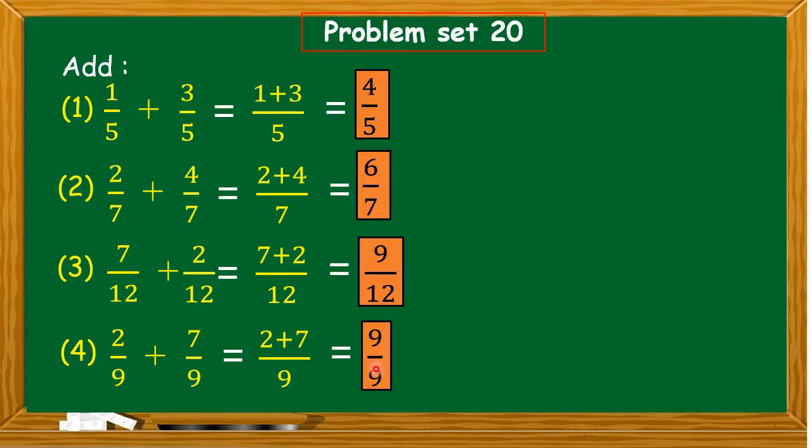That is, one whole figure is taken. Therefore, we write 9 upon 9 is equal to 1. So, we conclude that if the numerator and the denominator of a fraction are equal, the fraction is equal to 1.